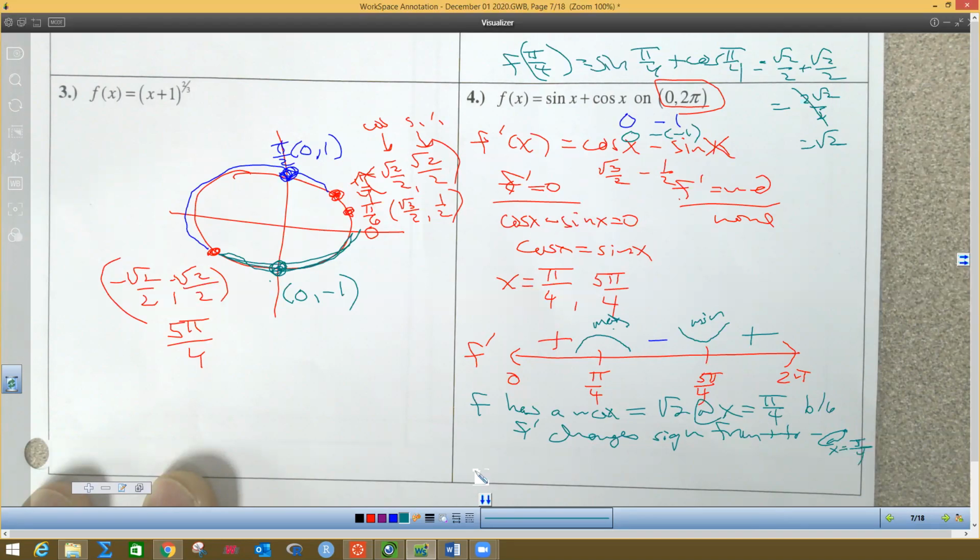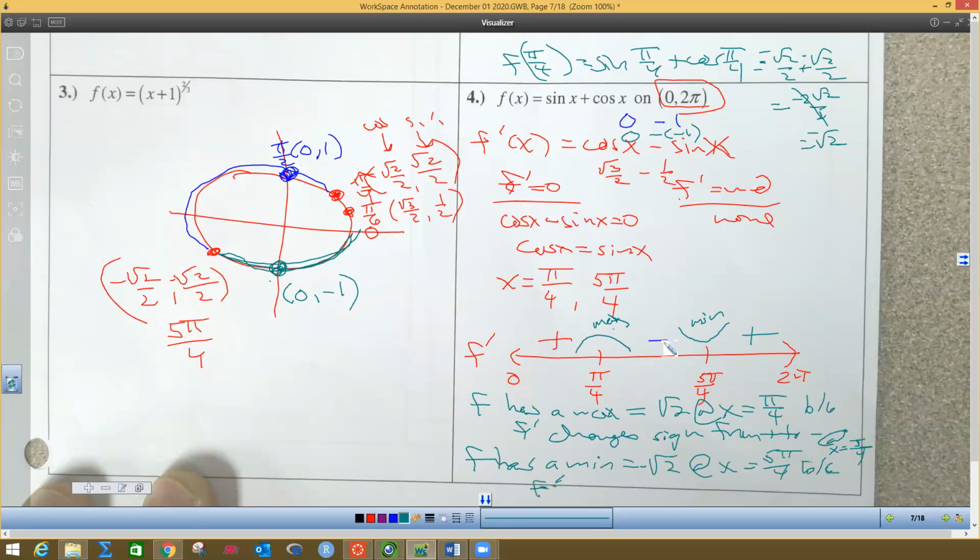And then I come down here and I say f has a min equal to. So I need to find the min at 5 pi over 4. So now I'm going to subtract these two things. So I hope you see that that's just going to make this a negative and this a negative and make that a negative and that a negative. So I would say it has a min at negative radical 2 at x equals 5 pi over 4 because f prime changes sign.